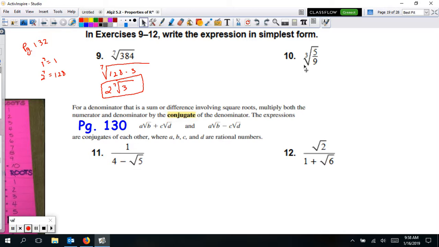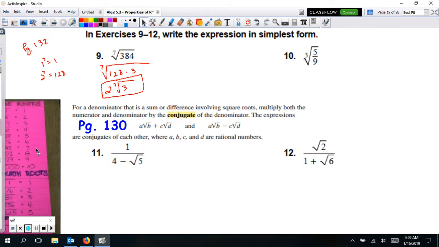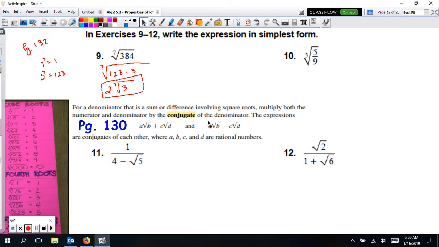On number 10, here's one where it's got a fraction under the radical, and again, that's not okay, because the denominator can never be under the radical in any way. So what we need to do is figure out how to rationalize this and make it a rational number at the bottom. Since it's a cube root, we want to look at our perfect cube roots over here. And 9 is the number we're going to use.